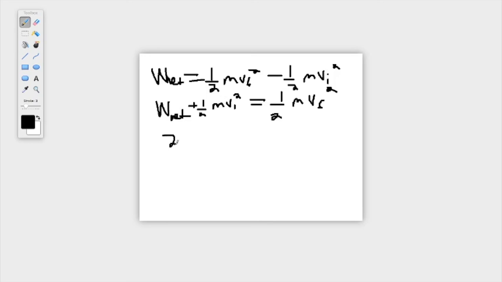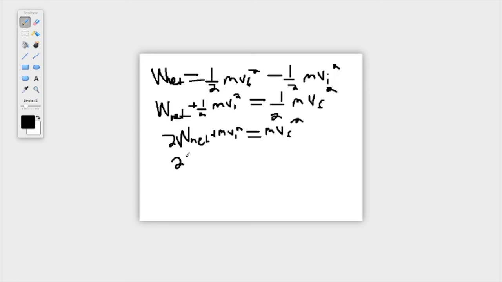We get 2 W net plus mvi squared equals mvf squared. Then we divide mass on both sides.